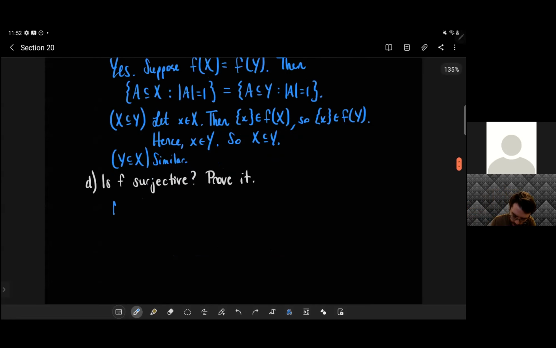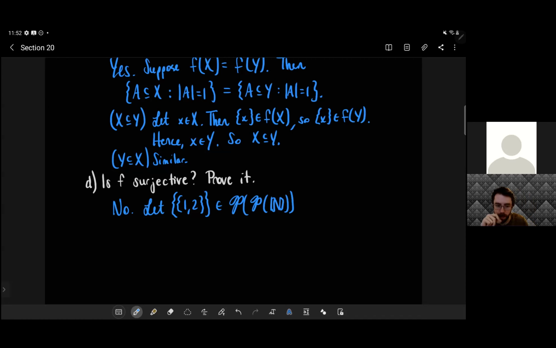So we'll say no, let {1, 2}, we'll write it like this, be an element of my codomain, the power set of the power set of the naturals. You should actually sit down and think about why that's an element of the codomain. It's not as straightforward as you might think if you wanted to prove that.